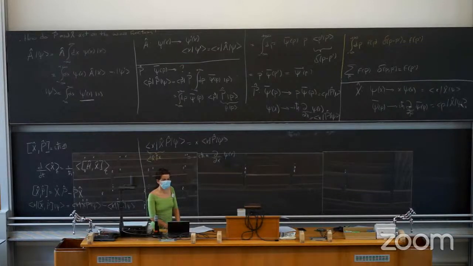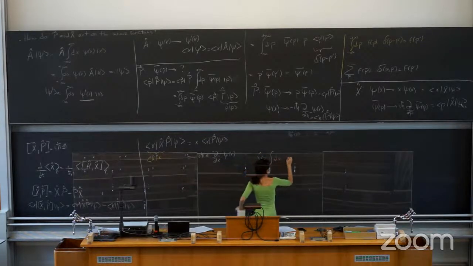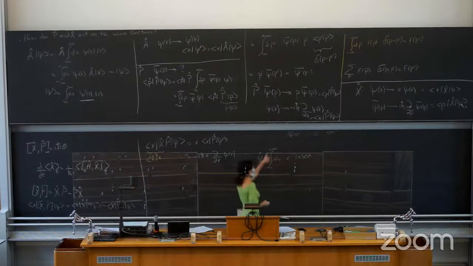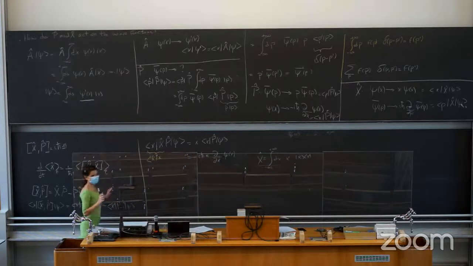No, they're not complex, this is by definition. So x are the eigenvectors, x are the eigenvalues, it's only in the real line. Okay? All right.